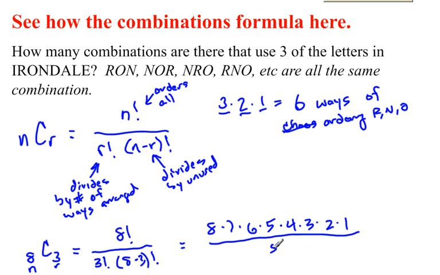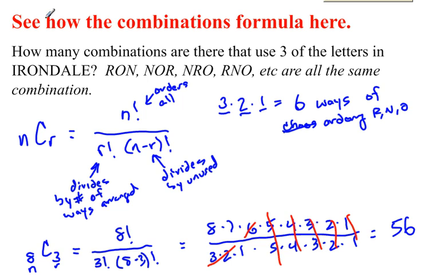Over that we have 5, 4, 3, 2, 1. That was from the 8 minus 3 factorial. And then I also have 3 factorial, 3 times 2 times 1. And then we'll see that these all cancel. And 3 times 2 is the same as 6. And we end up with just 56 ways of choosing 3 of 8 letters.